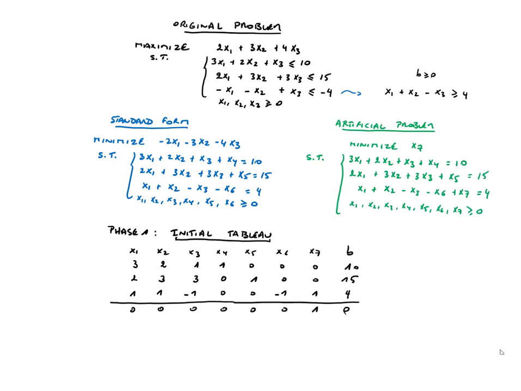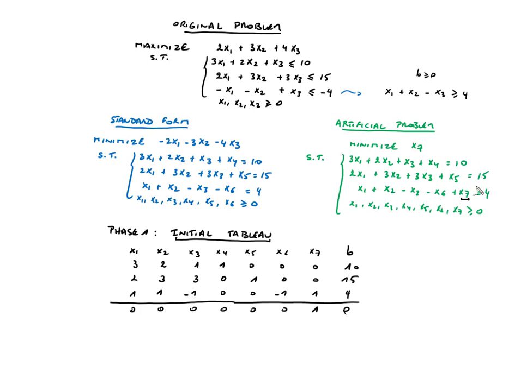So indeed, here's the artificial problem, and as said before, we have added an artificial variable x7 in the last constraint, and we need to minimize a cost that involves the sum of all the artificial variables, but there is only one, so we minimize x7.